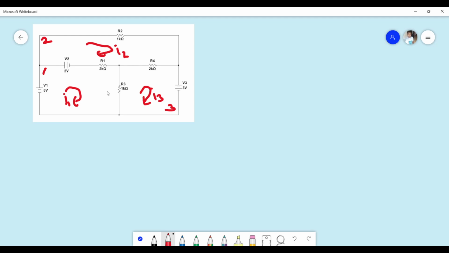As we have three meshes in this problem, we will be having three mesh equations. Alright, now let us start writing the first mesh equation. For mesh 1, let us assign the directions for the components that are available within the individual mesh.